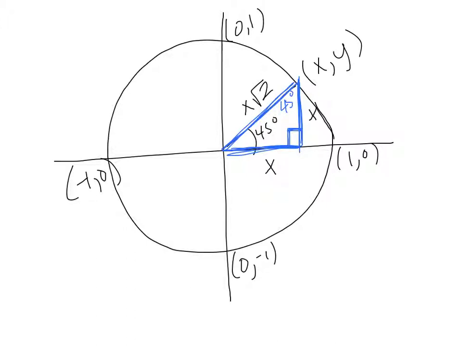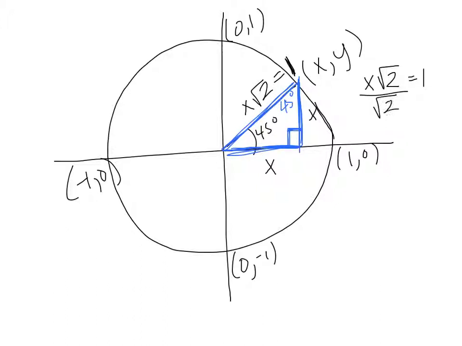The radius. The hypotenuse of my triangle is the radius of my circle. How big is the radius of a unit circle? 1. So I know the hypotenuse is equal to 1. So I can say x square root 2 equals 1.